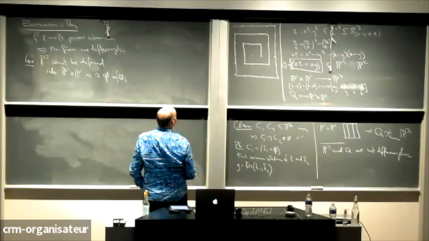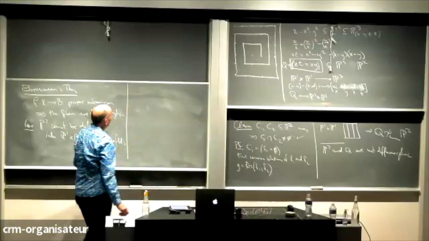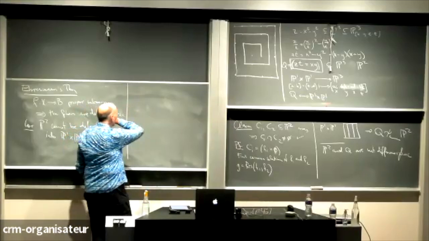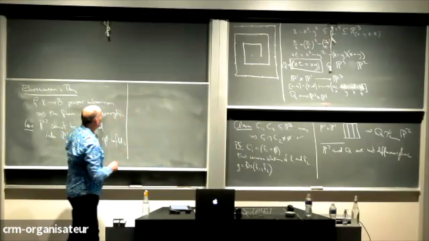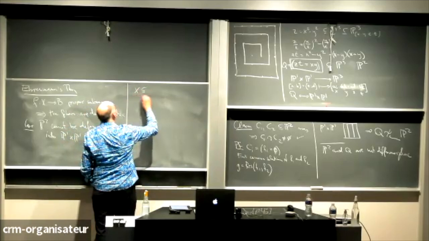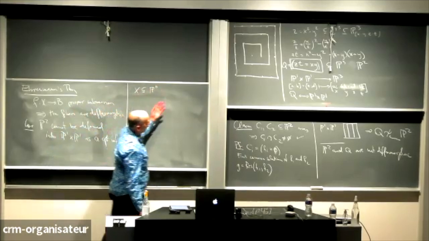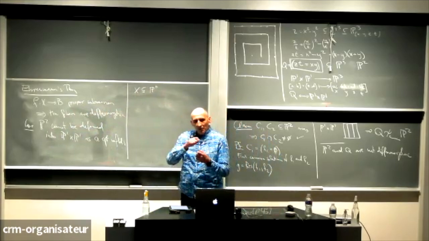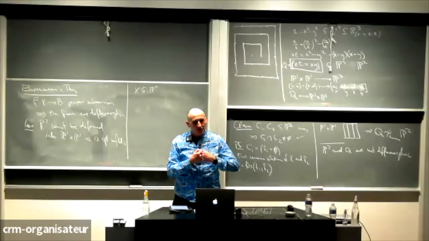So let me actually start here. So here's a very general construction, an interesting deformation technique. It's the following. Let's suppose that I have a complex manifold X in Pn. If you remember, we had n+1 coordinates, and we mod out by multiplication by a non-zero scalar.